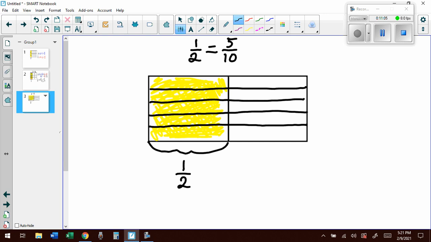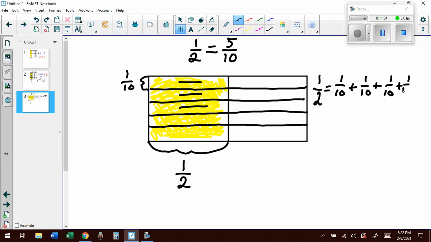But what has happened is that I've shown that 1/2, with our new unit fraction, which would be 1/10, equals 1/10 right here plus 1/10 right here plus 1/10 right there plus 1/10, ooh, I'm running out of room, right there, plus 1/10 shown right there.